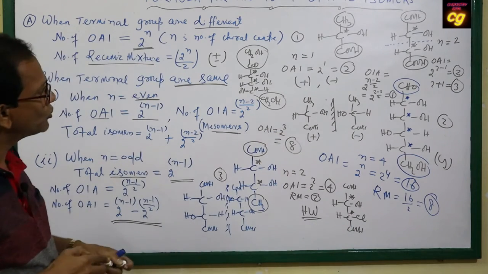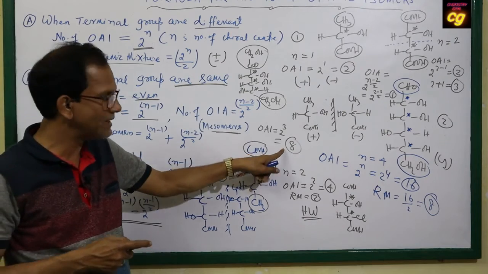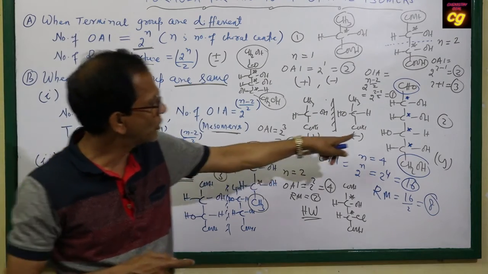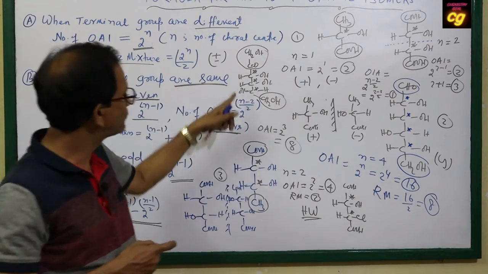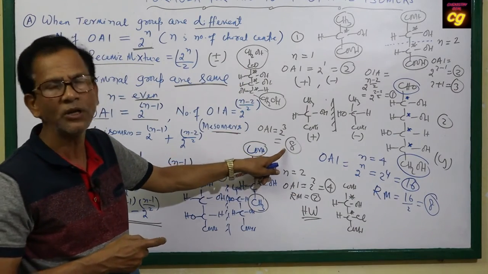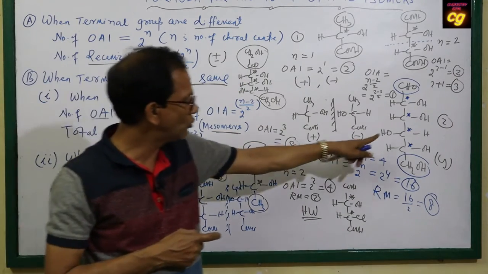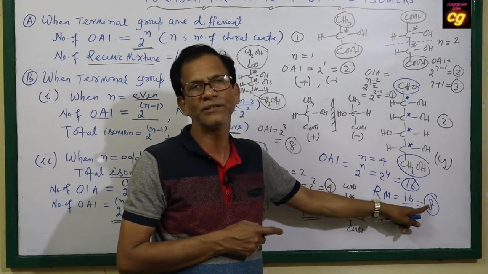So fructose has 8 optically active isomers, but glucose has 16. Fructose has 4 racemic mixtures, and glucose has 8 racemic mixtures.